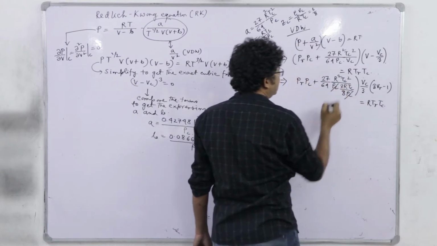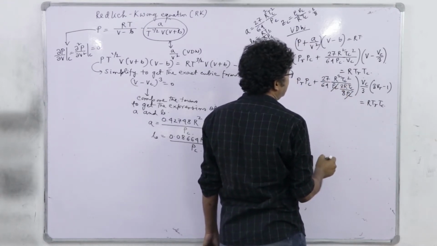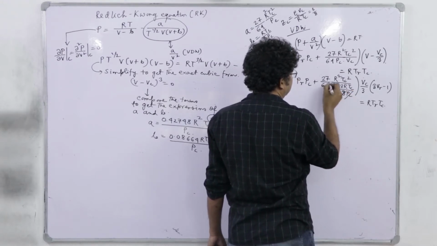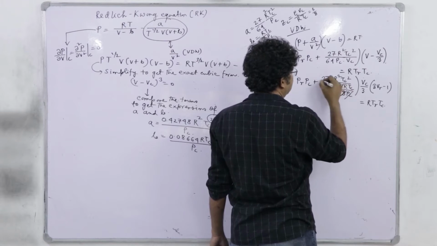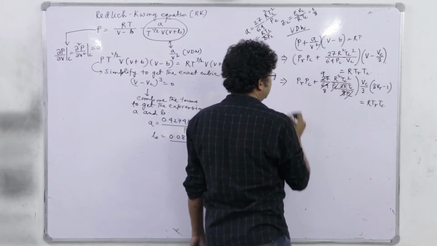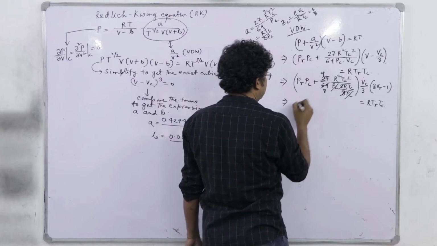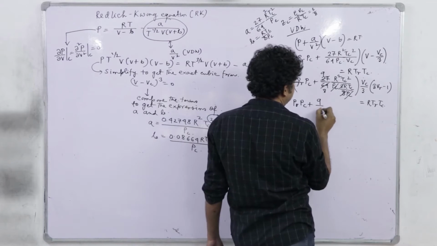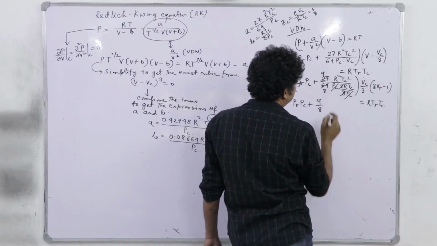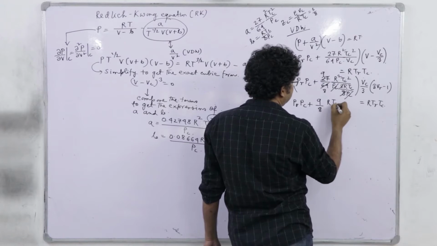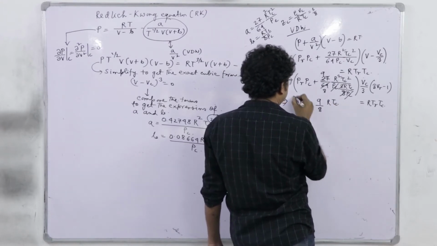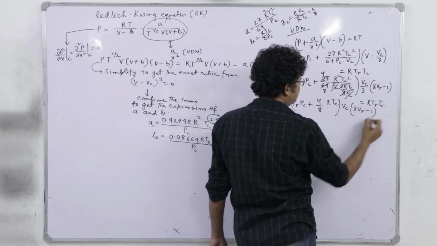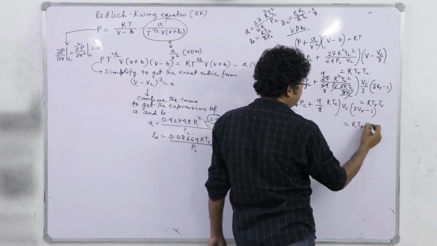Pc cancels out, and 8 here giving 8, 3 giving 9. So, PR into Pc plus 9 by 8, then R into Tc, and here it is Vc. So, 3 VR minus 1, equal to R TR into Tc.